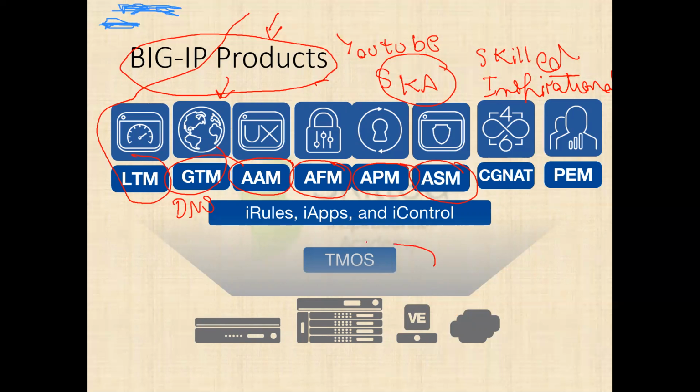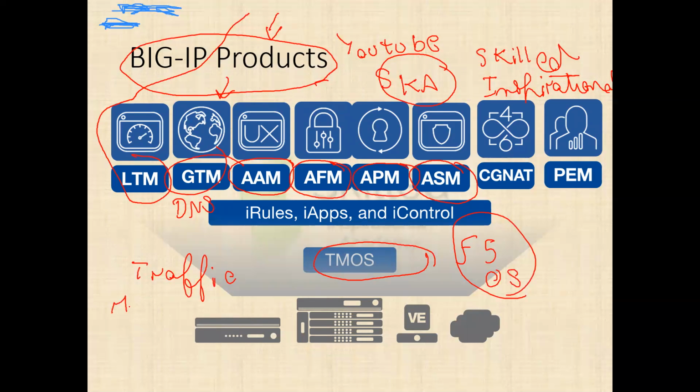And you can see this TMOS. TMOS is your F5 operating system, which is called the Traffic Management Operating System. So you should know that the operating system in F5 is called TMOS.